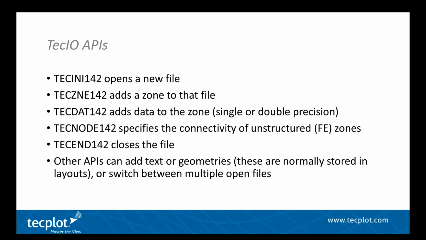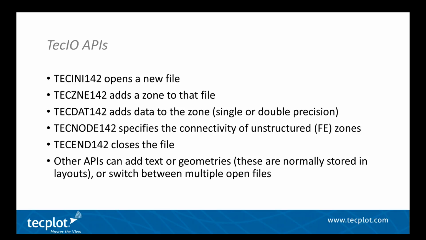If your grid is unstructured, or what we call finite element, then you'll also call TecNode to output the connectivity. And then finally you'll repeatedly call TecZNE, TecDat, and possibly TecNode for each of your zones. And then when you're done, you call TecEnd to close the file.